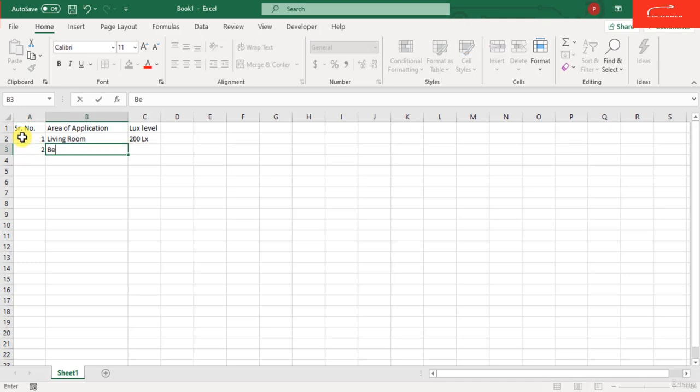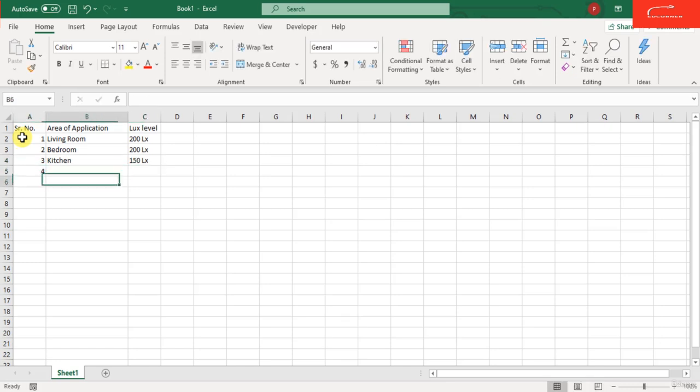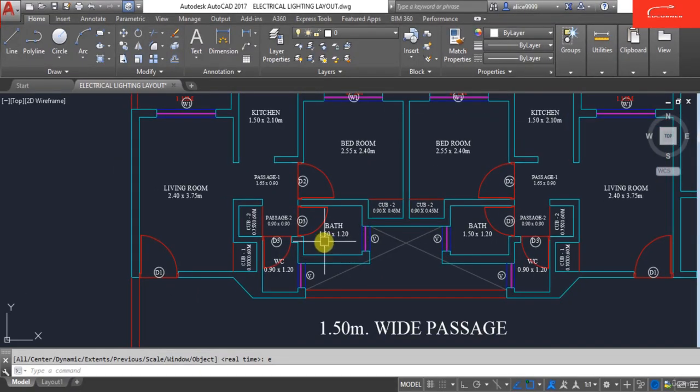For the bedroom, the standard lux level is also 200, whereas the kitchen requires 150 LX. The next room is the bathroom.